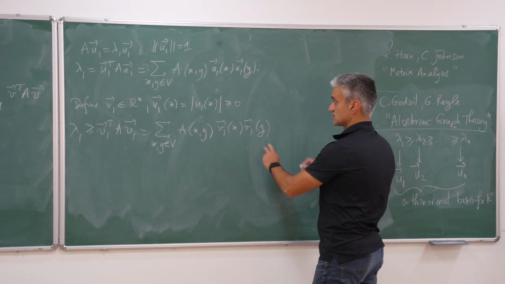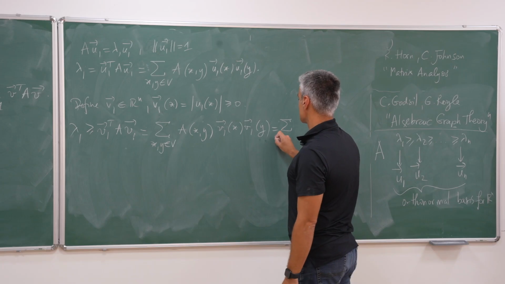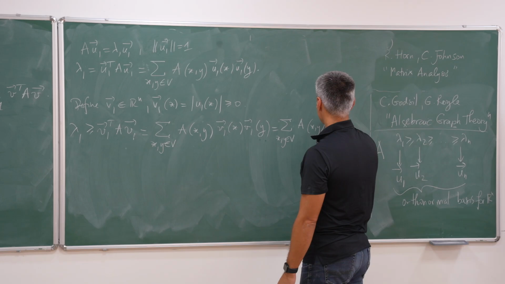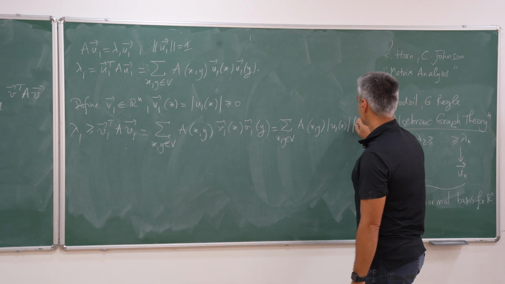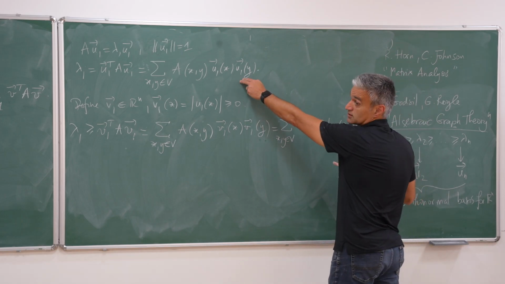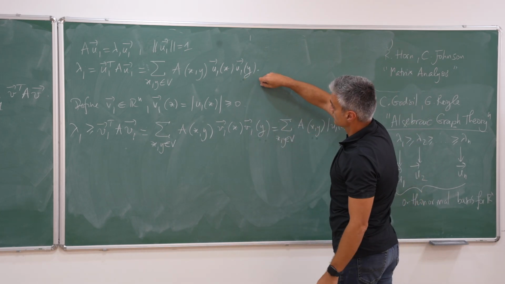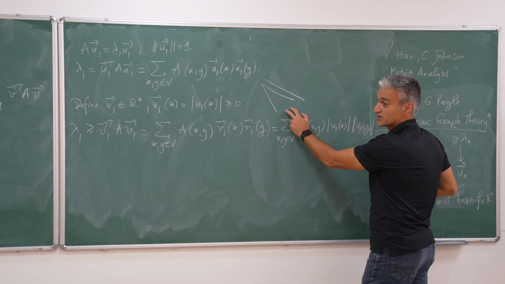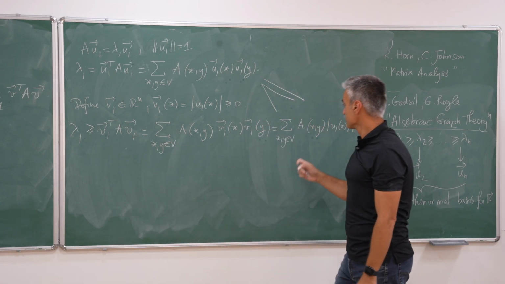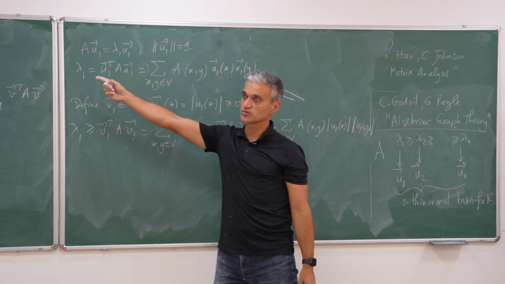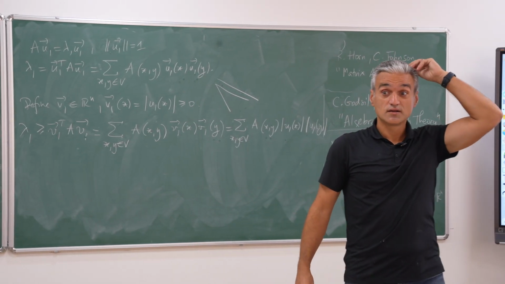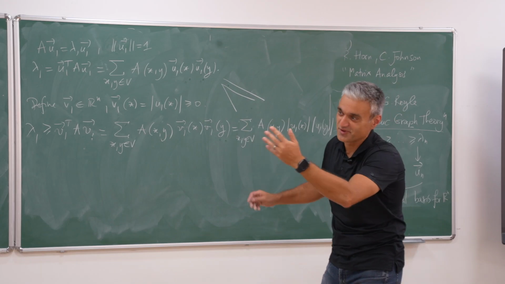This is the summation over all x, y in V of A_xy, absolute value of U1(x), absolute value of U1(y). How is this compared to this? This is greater or equal than this. So lambda 1 is greater or equal than this, which is greater or equal than this, which comes back to lambda 1. So they must be equal, very good.